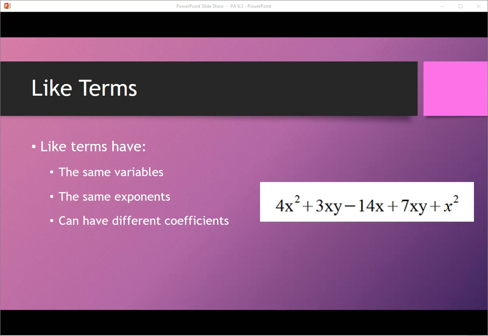4x squared plus 3xy minus 14x plus 7xy plus x squared. So if I'm looking for like terms, same variable, same exponent. First let's look here.